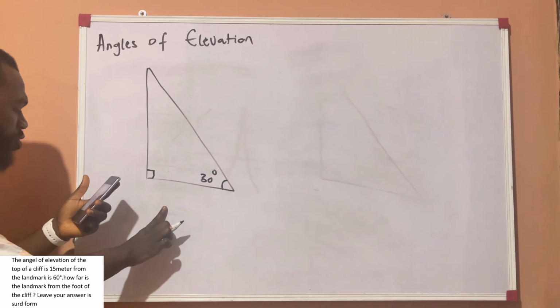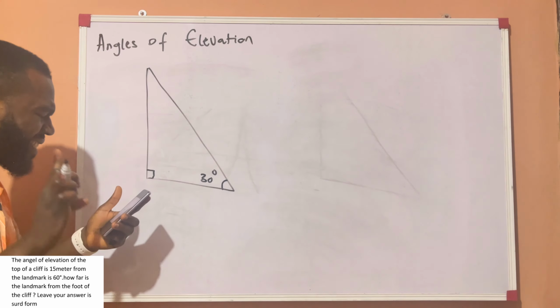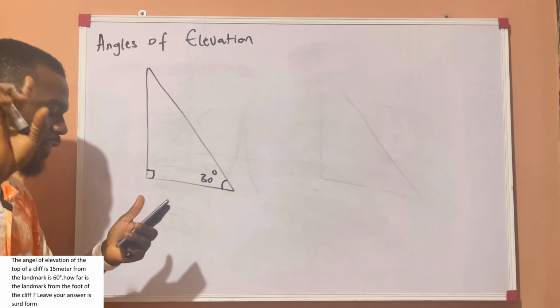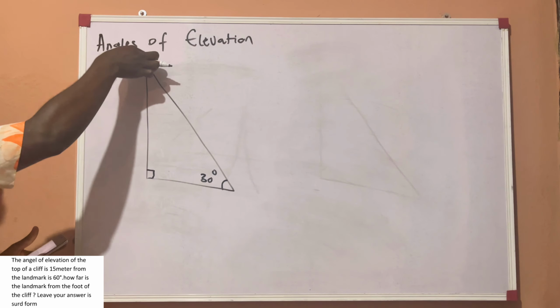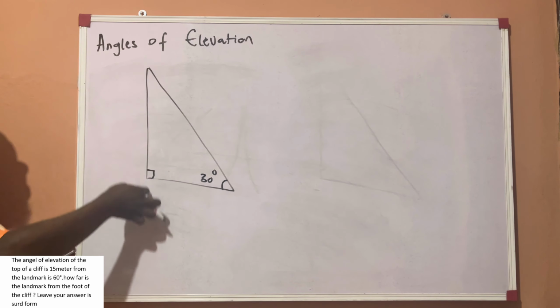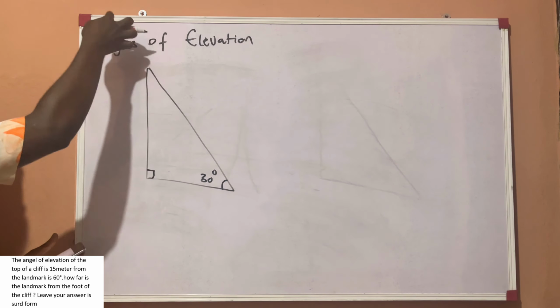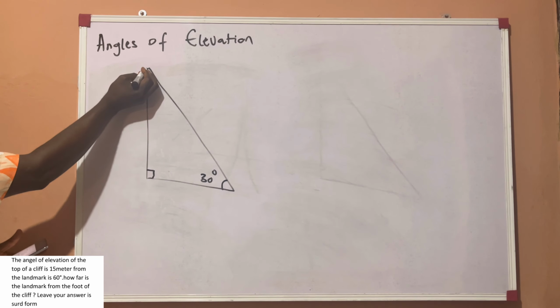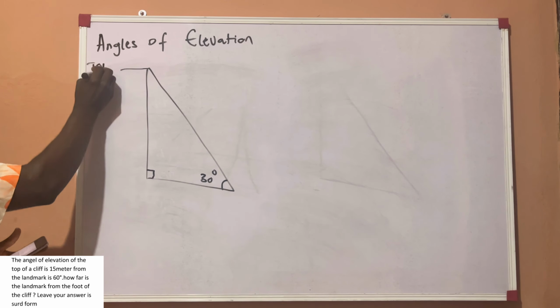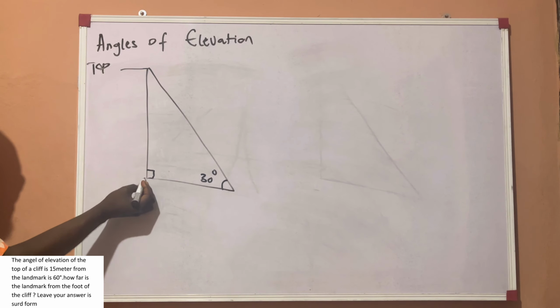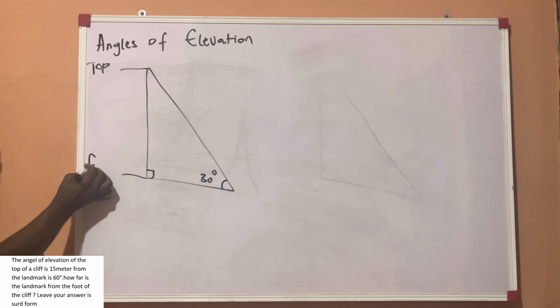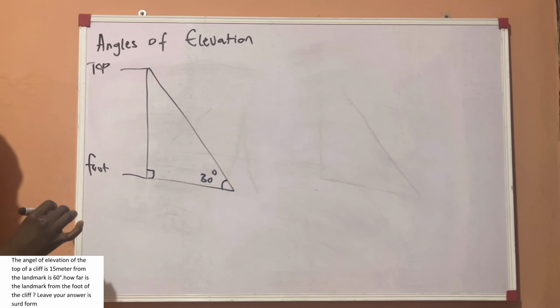on the ground, which is 36 meters away from the foot of the tower. Now, class, this line here is the tower, the height of the tower. This place here is referred to as the top of the tower, and this place here is referred to as the foot of the tower.